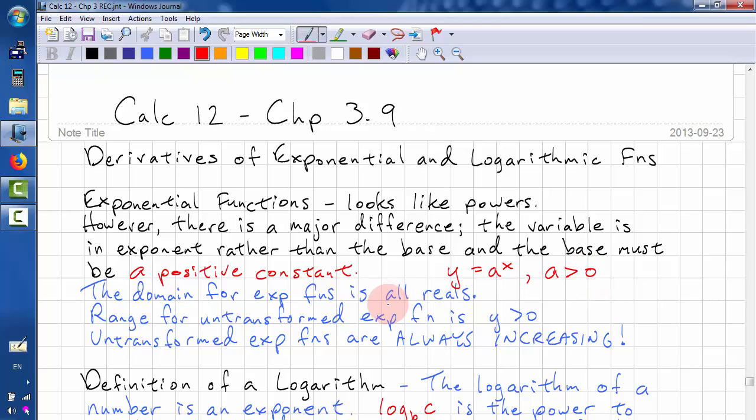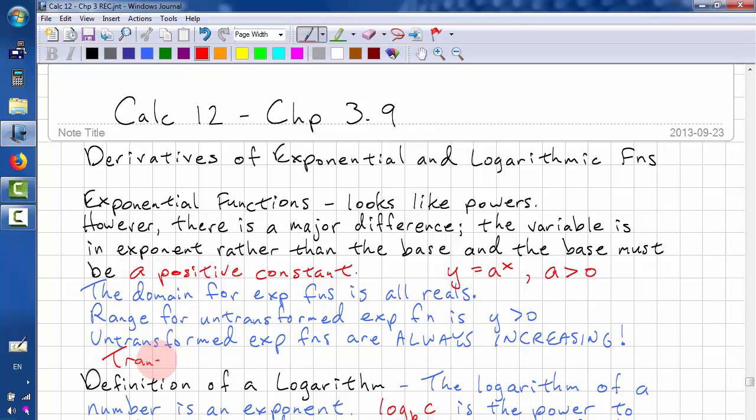The domain for exponential functions is all reals. The range for an untransformed exponential function is y is greater than 0. So if we have a vertical shift, this will change. Untransformed exponential functions are always increasing.